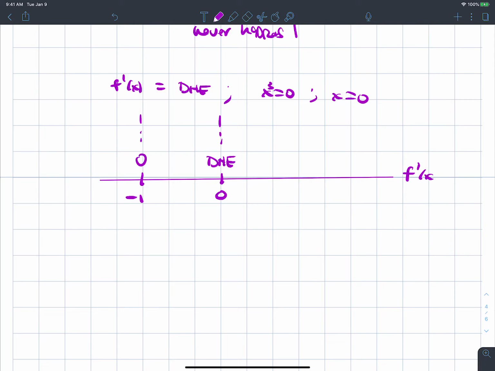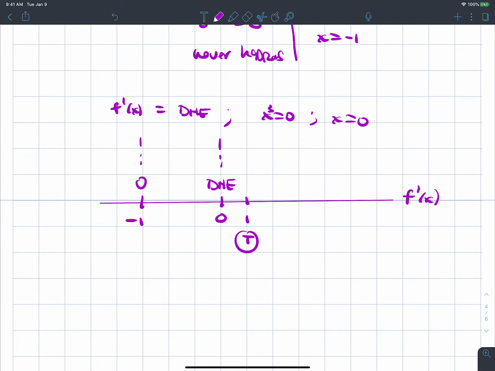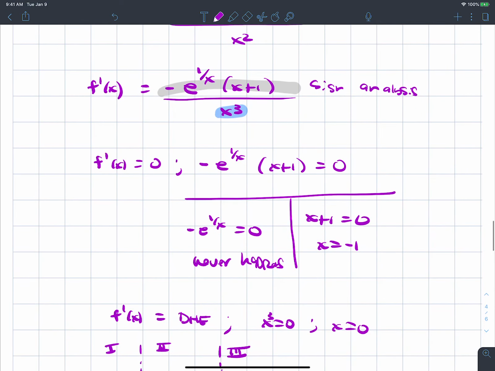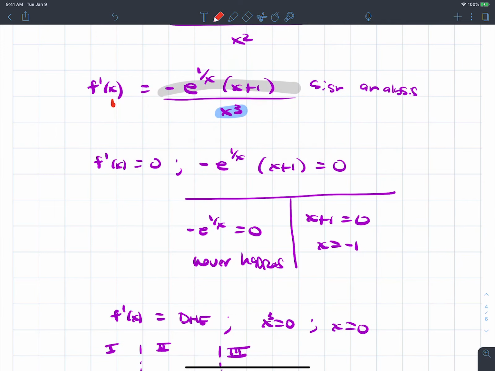And this is on f prime. So notice something here. I'm going to test this at 1. So I have 3 regions that I'm supposed to test by sign analysis. And when I plug in 1 here, here's what you end up getting. 1, 1, and 1, and 1.